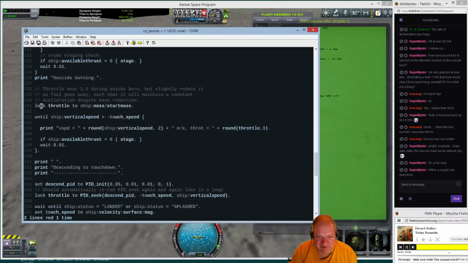And actually, while I'm at it, if we do stage, this needs to reset. But yeah, this is where it actually should be printing.